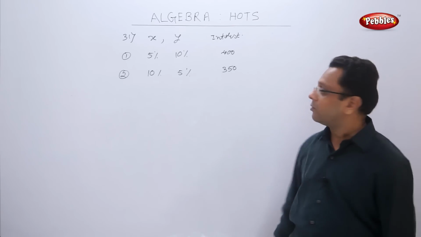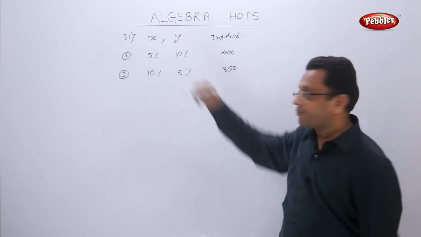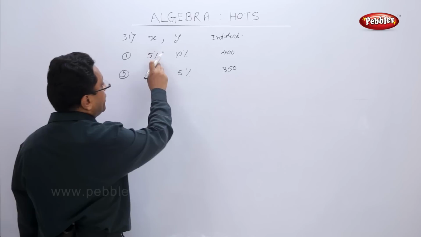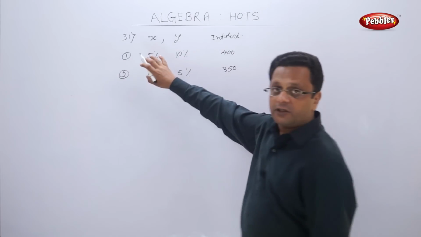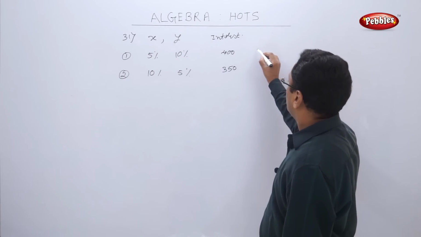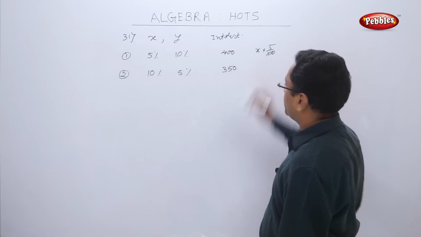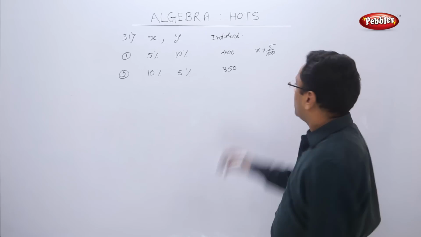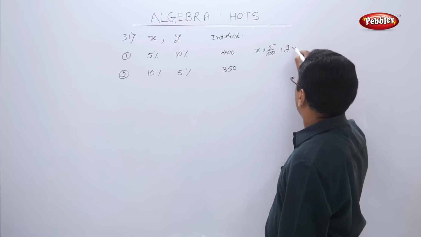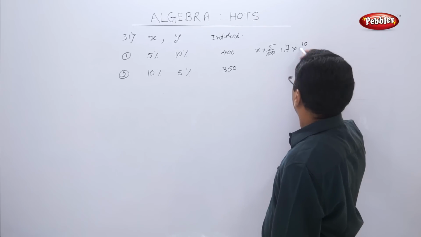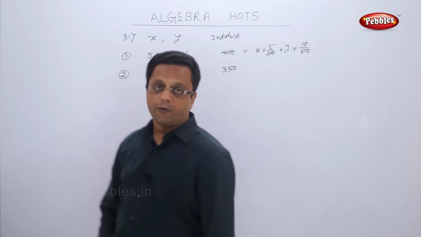It is very easy now. How much interest did he get from the first condition? He will get x into 5 upon 100 plus y into 10 upon 100, which will be equal to 400.